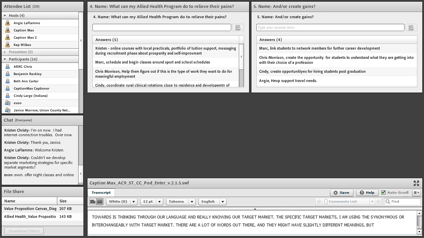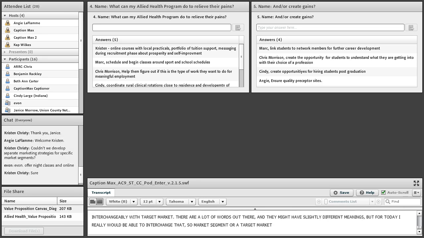Specific market segments, I would say I'm using synonymously or interchangeably with target market. There's a lot of words out there, and they might have slightly different meanings, but for today I really would interchange them. You marketing folks out there that have a deeper knowledge of the lingo can disagree with me, but for now we're going to keep those pretty synonymous.